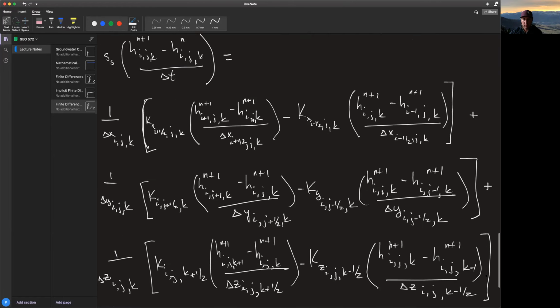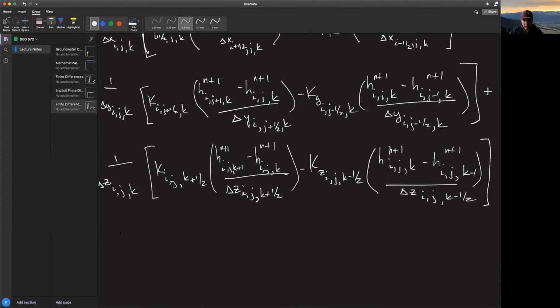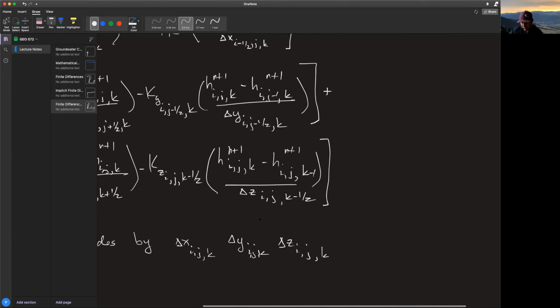I'm going to multiply both sides by delta x I j k, delta y I j k and delta z I j k, which this is really equal to the volume, right, of this cell.